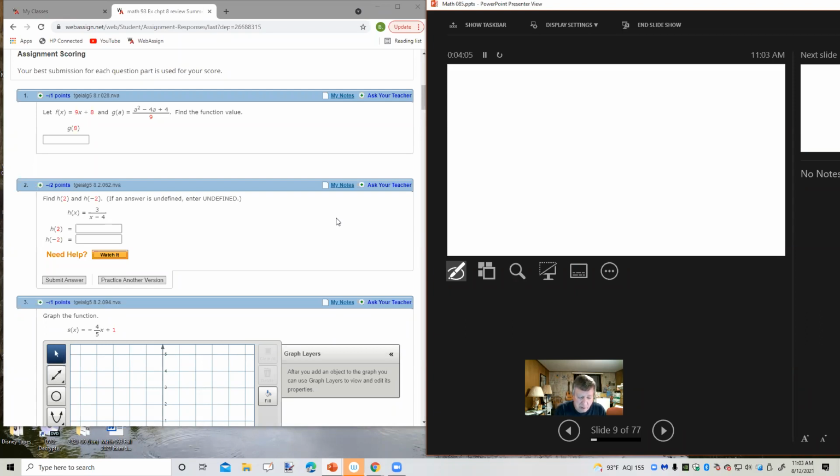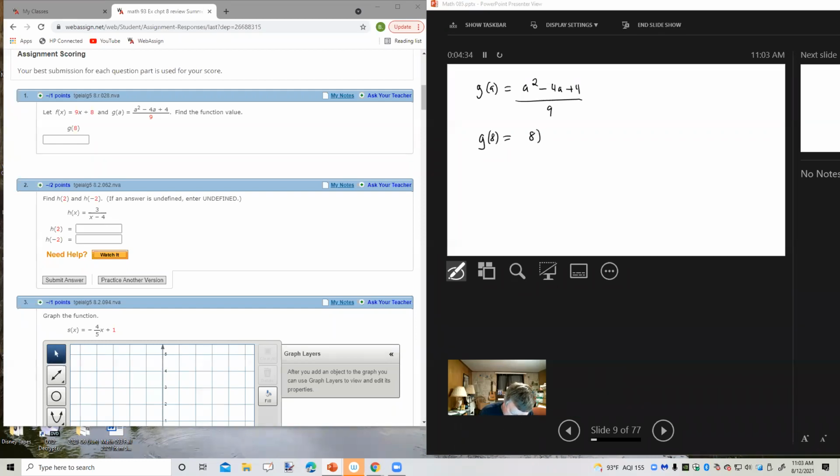We're going to use g of a equals a squared minus 4a plus 4 all over 9. So for g of 8, we put 8 in the place of a everywhere it appears in the function. We get 8 squared minus 4 times 8 plus 4 all over 9.